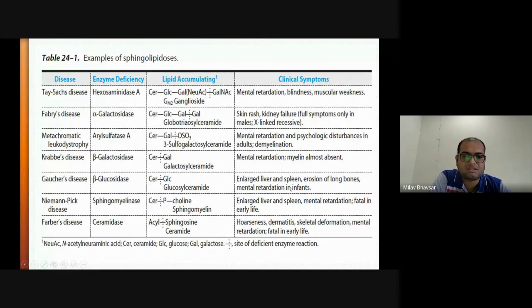Gaucher's disease, there is enlarged liver and spleen. Niemann-Pick's disease will cause early life death. Farber's, there is dermatitis and skeletal deformation. So I think this completes the discussion regarding the metabolism part of lipid.